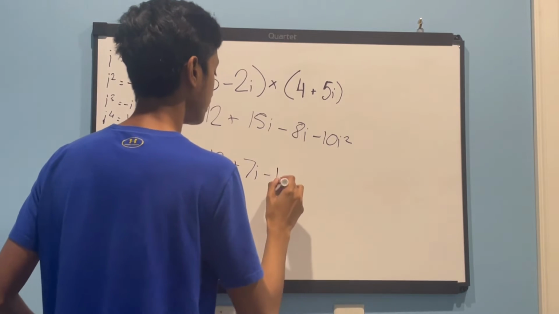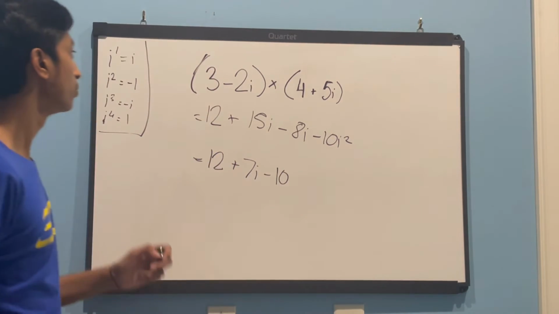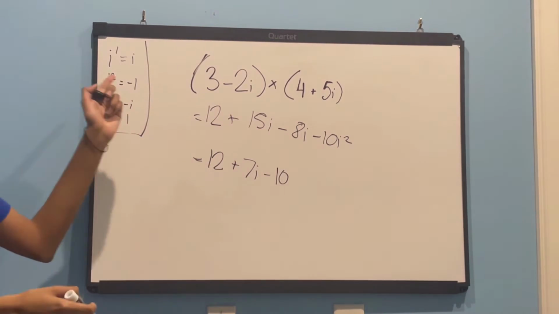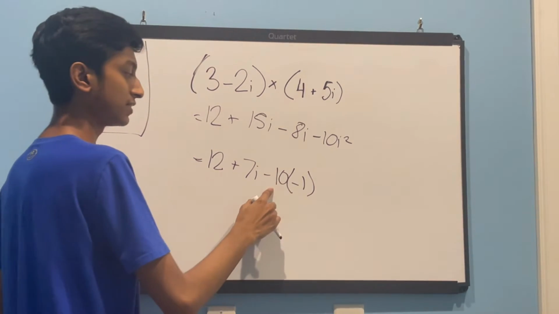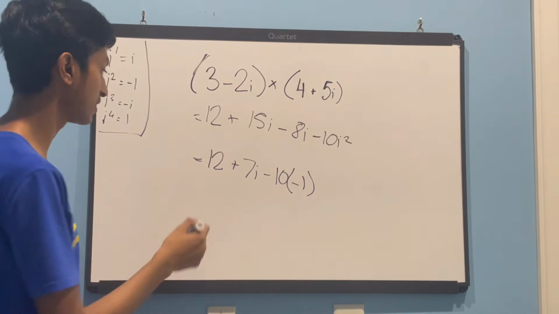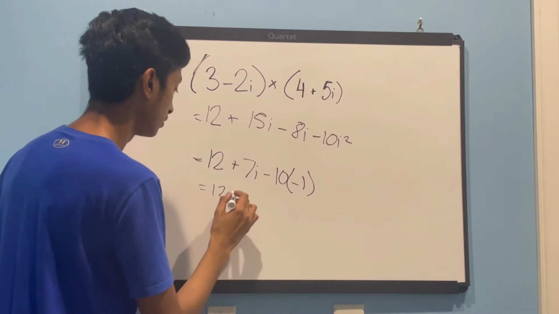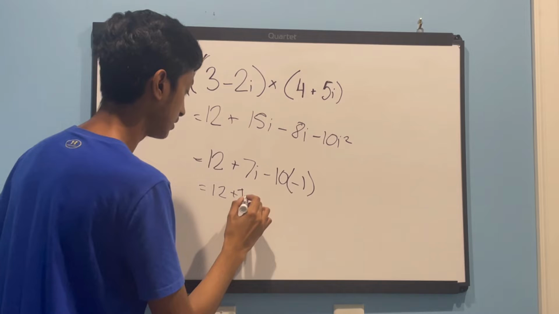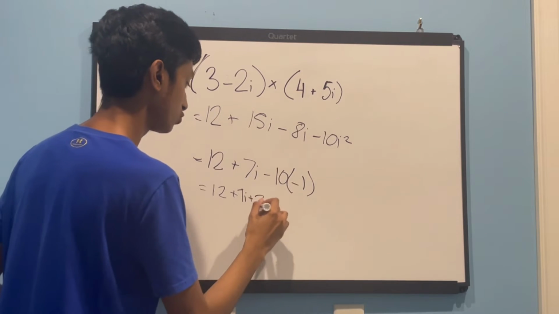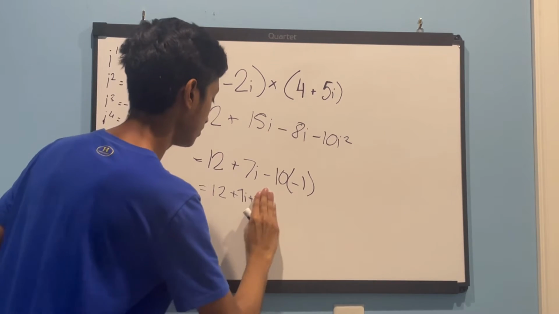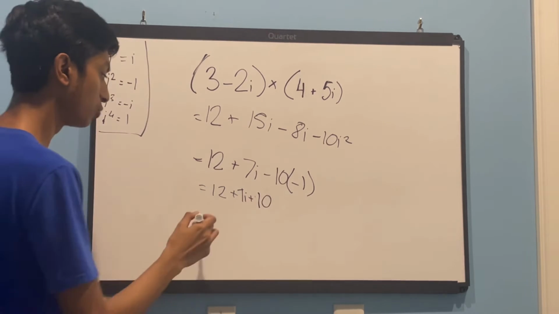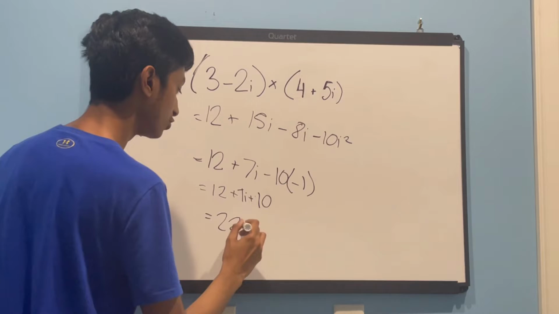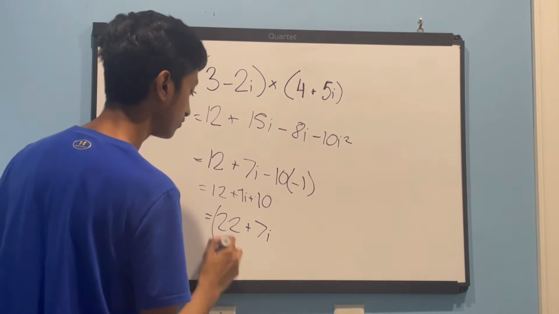Now for the i squared, we would go back to our powers of i. So i squared is -1. -10 times -1 is positive 10. Bring this all down: 12 plus 7i plus 10. And then we add it together to get 22 plus 7i as our final result.